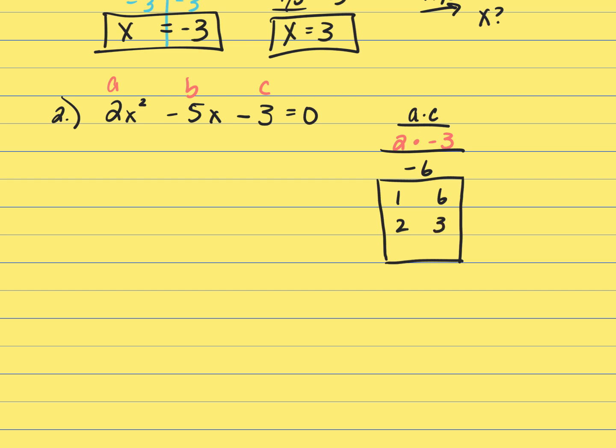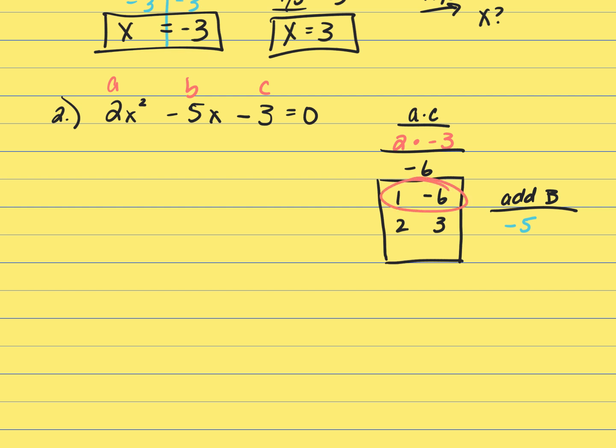It has to add to B. Our B is -5 right here. So there are 2 different pairs, 1 and 6, and 2 and 3. I would choose the first one first to see if I could get it to -5, and I sure can if I do 1 and -6.